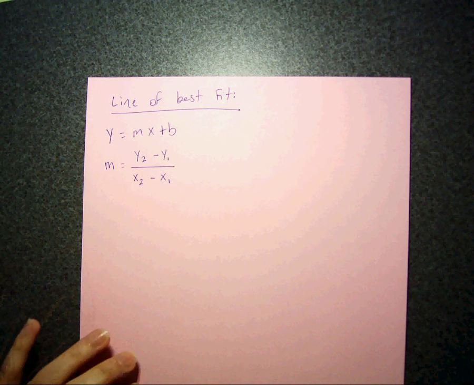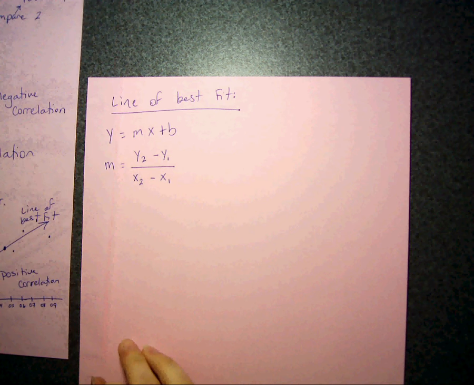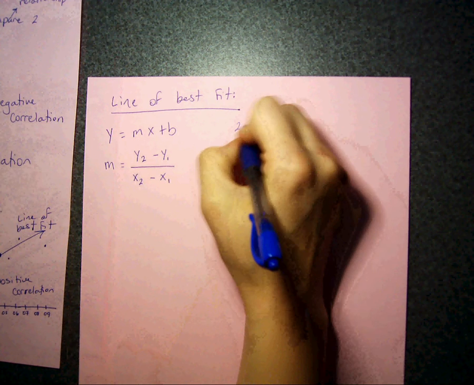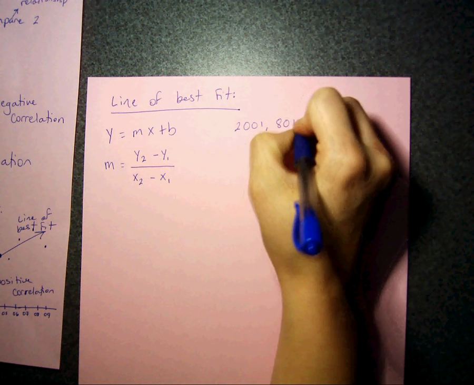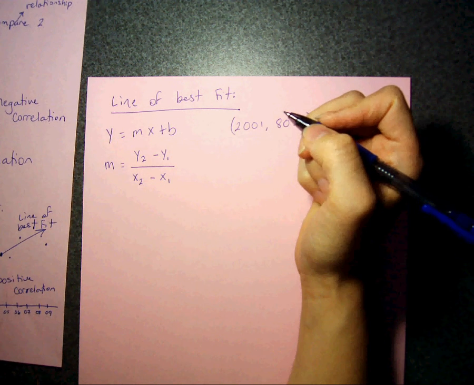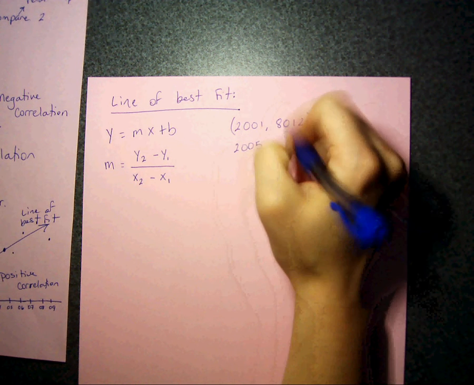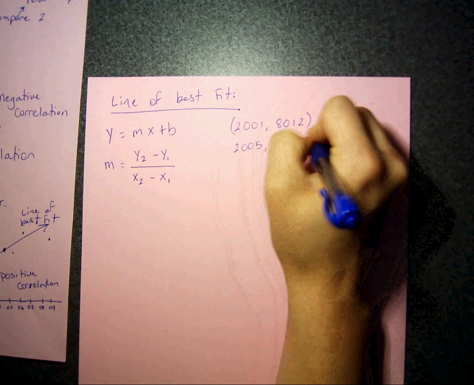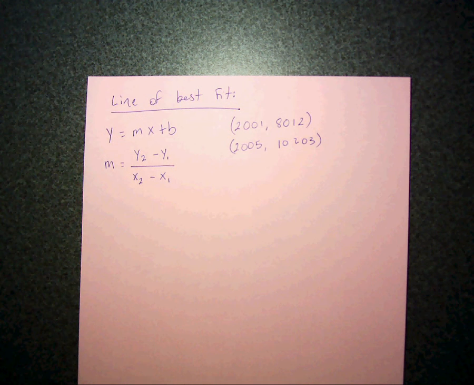So in 2001, it was $8,012. And the other point I had was at 2005. So in 2005, it was $10,203. So I'm going to use these 2 points to model an equation, the line of best fit.